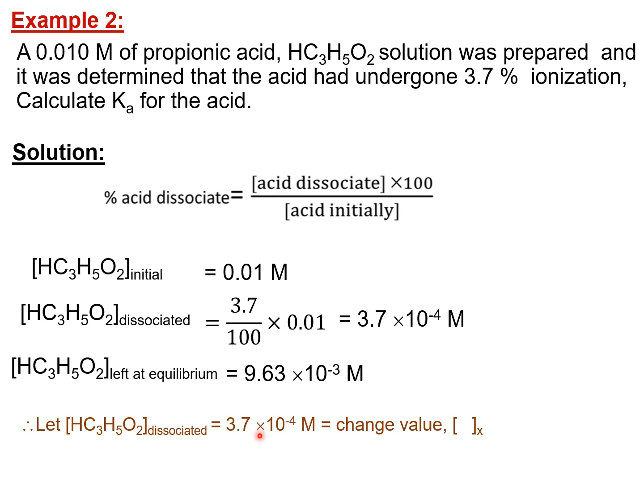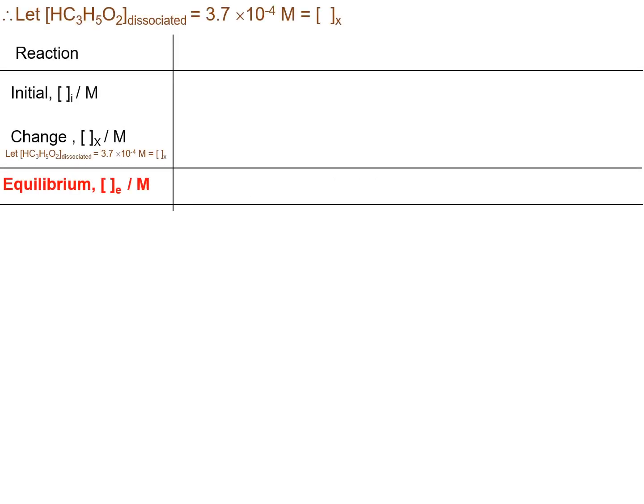So kita boleh assume X value is equals to 3.7 times 10 to the power of negative 4 molar. Okay, so apa yang kita boleh buat once we have assumed the X value is equals to the concentration of propionic acid yang dah dissociated tu, which is sebanyak 3.7 kali 10 kuasa negatif 4 molar. Next that we can do is we can do the rise table.